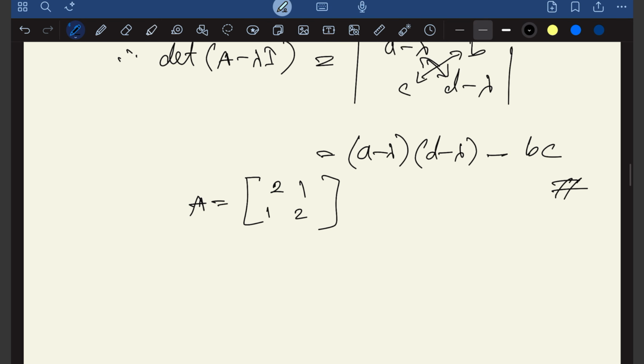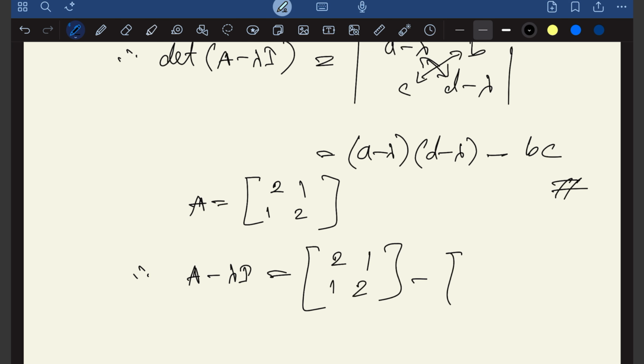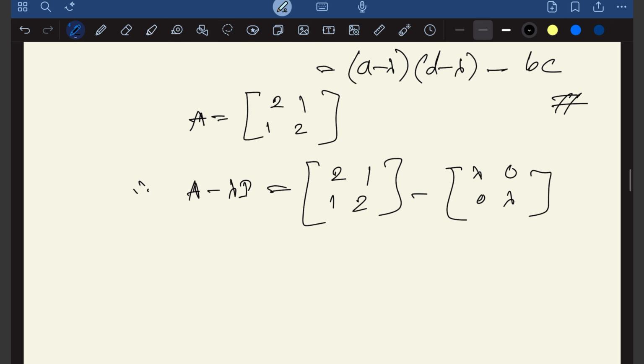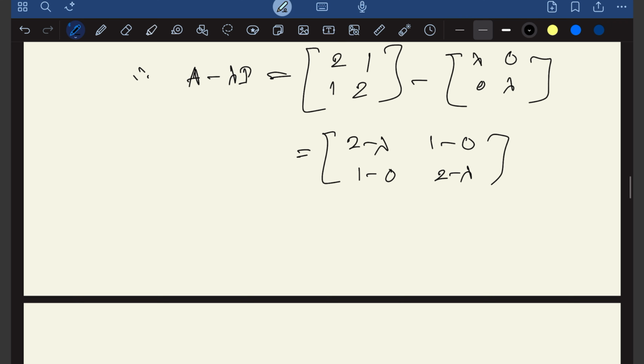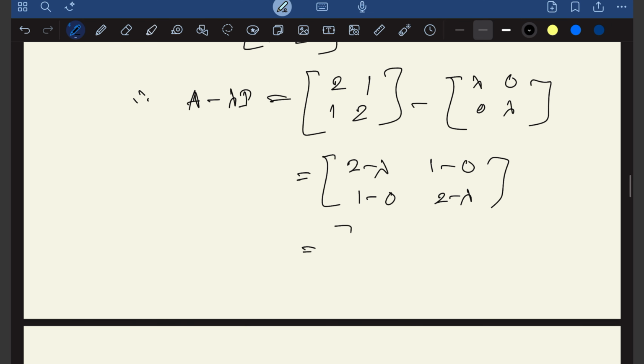So A minus lambda I will be 2 1 1 2 minus lambda times the identity, that means lambda 0 0 lambda, right? Then it is 2 minus lambda, 1 minus 0, 1 minus 0, 2 minus lambda. That means 2 minus lambda, 1, 1, 2 minus lambda.